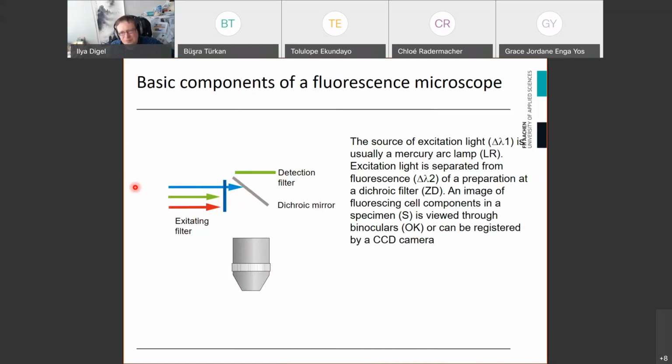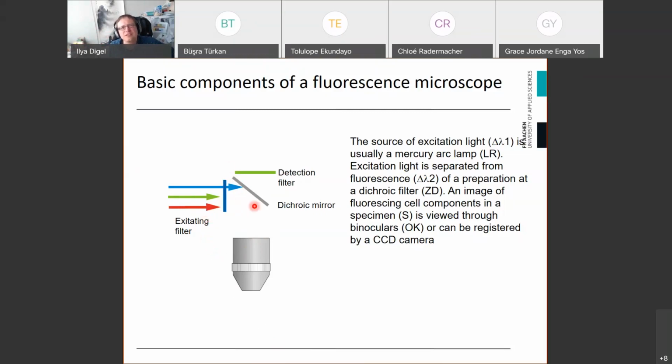So if we have a complex light source, we need to put a filter here to make sure that only this blue component goes there, because all other components, green and red, will not bring anything to the image, but they rather bring additional energy, which will destroy the sample. So here you try to be careful to minimize the amount of energy you bring to the sample, because otherwise you can destroy it.